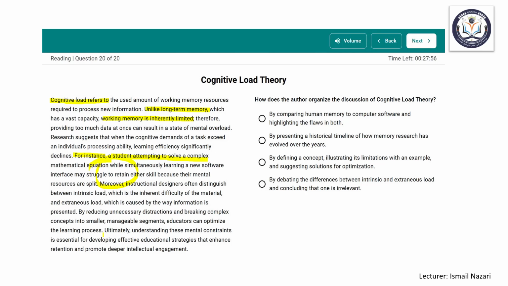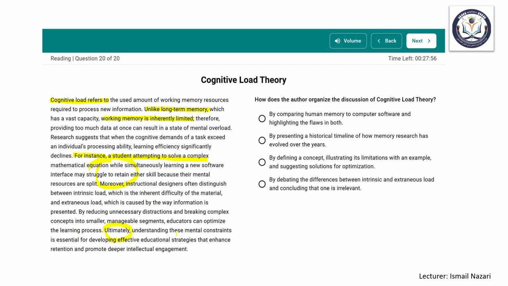And let's look at the conclusion. The conclusion for that one. "Ultimately" starts here. Ultimately is, again, a keyword. It shows the final conclusion. So what does it do? Understanding these mental constraints is essential for developing effective educational strategies. It is kind of suggesting.